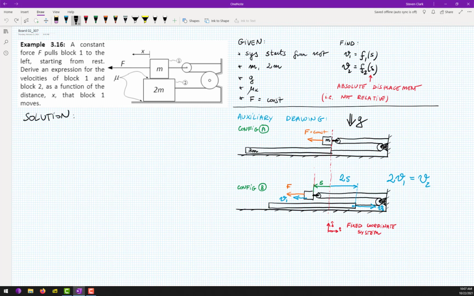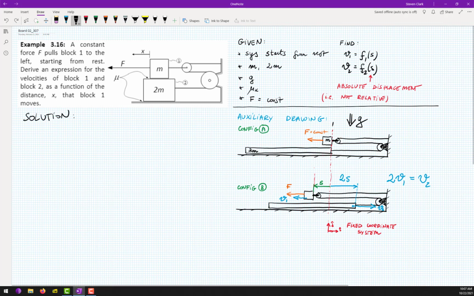That displacement is defined by this green vector, displacement S, and displacement 2S is exactly how much the big body will move to the right. You can also see this red marker here. I just marked the starting point, where the bodies were at the beginning. Questions? So without further ado, let's just start our solution.